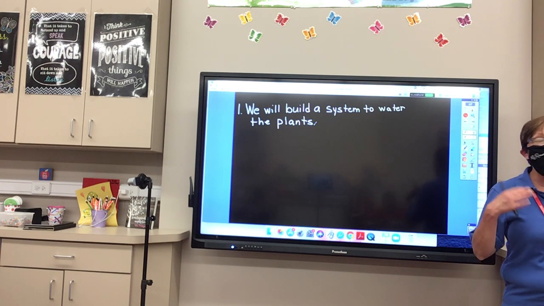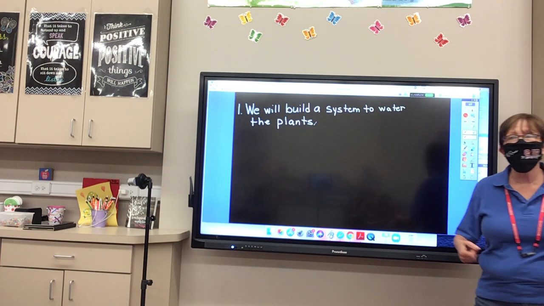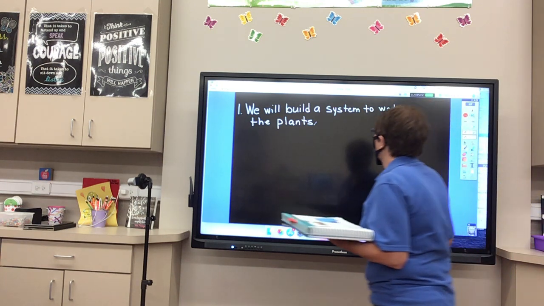And we have to use the materials, right? So we have to figure out a way to keep the plants from getting dried out. So we have to use our materials. We have to use our materials list and figure out a way to keep the plants from getting dried out.